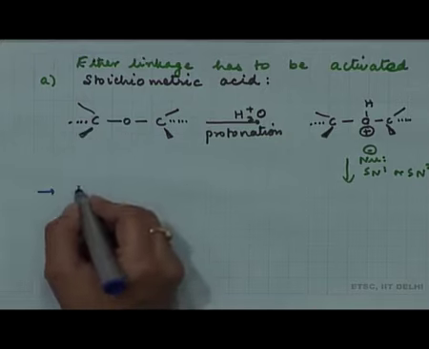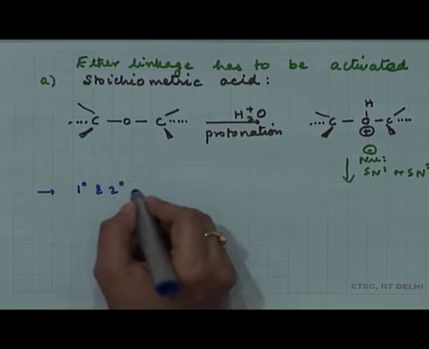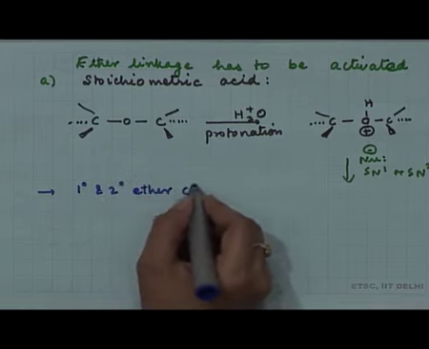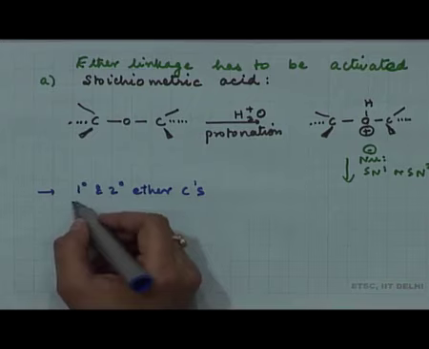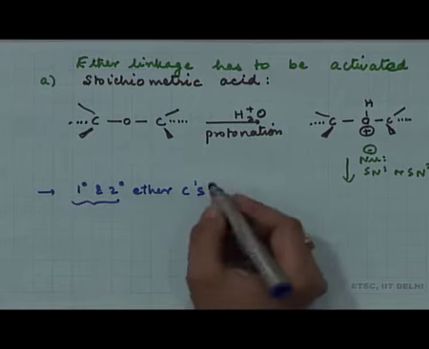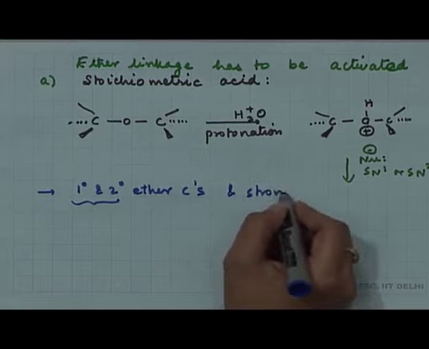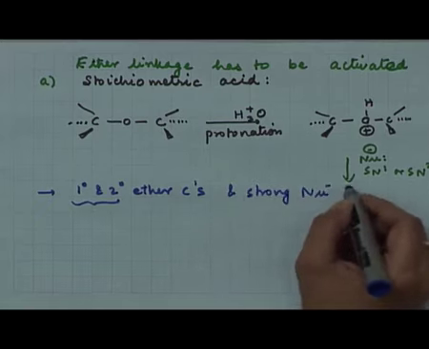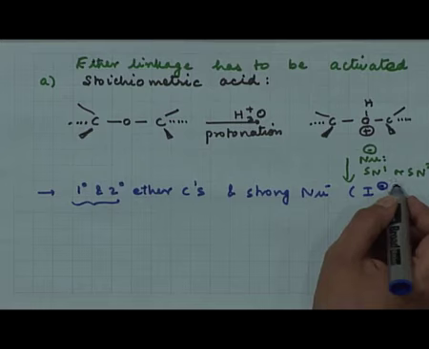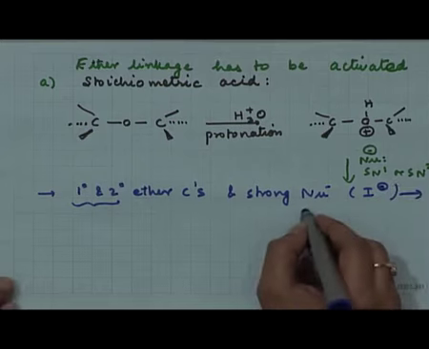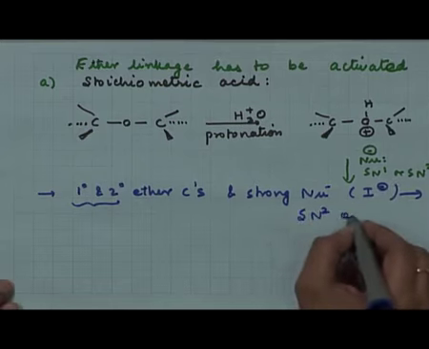If you have 1 degree and 2 degree ether carbons, so if your ether comprises alkyl groups which are 1 degree and 2 degree, and you have a strong nucleophile, let us say we are working with an iodide, then it is the SN2 path which will operate.